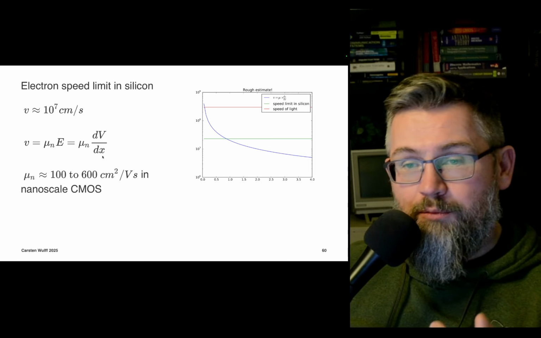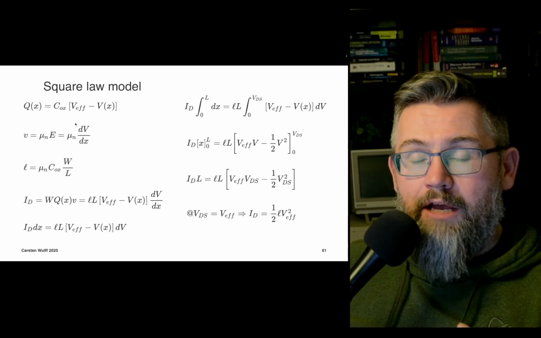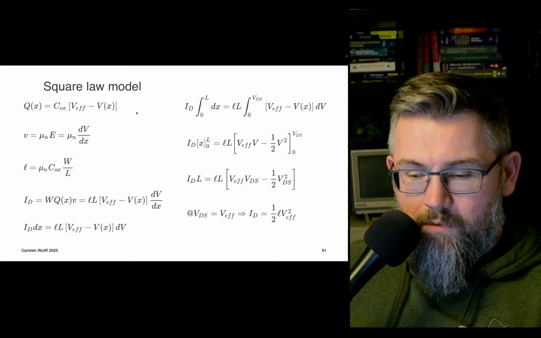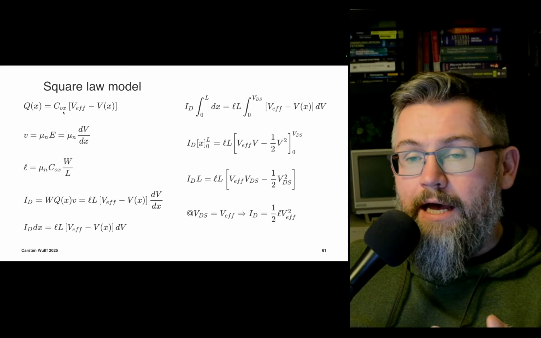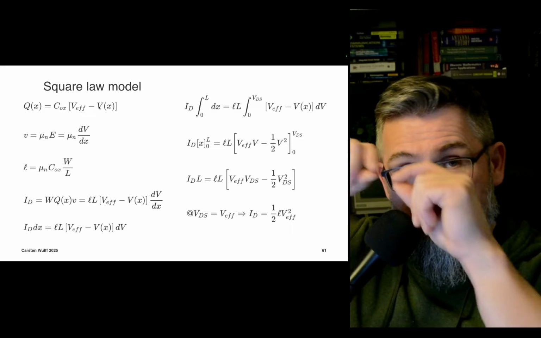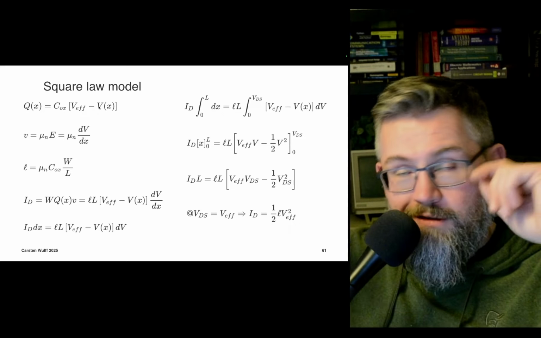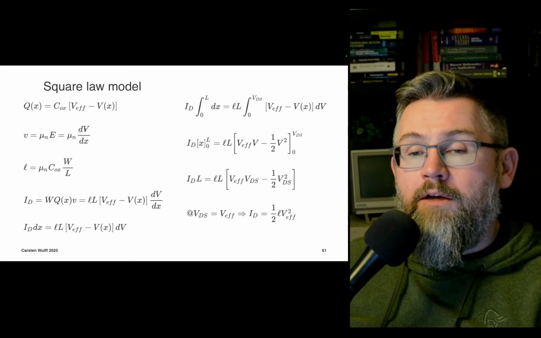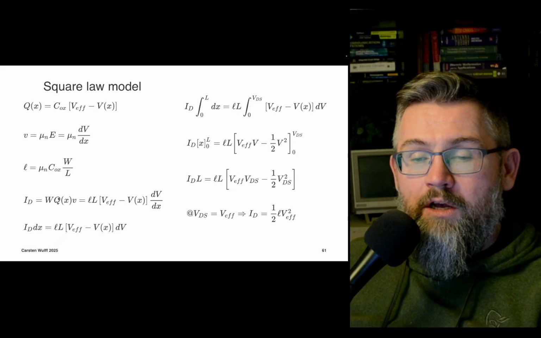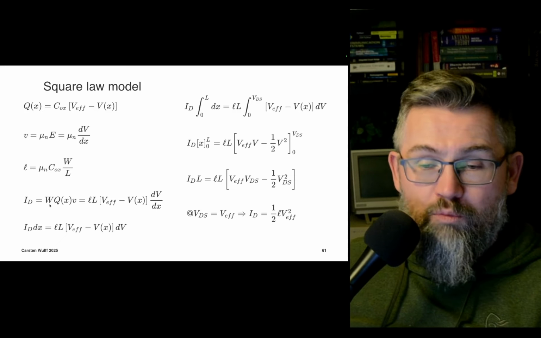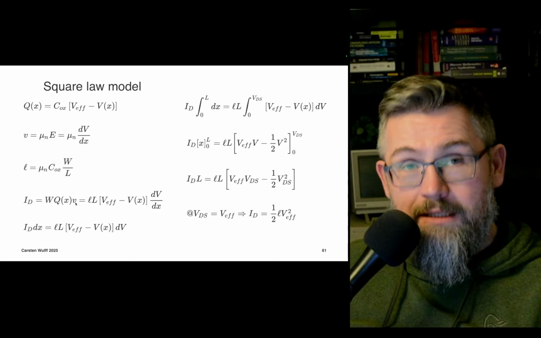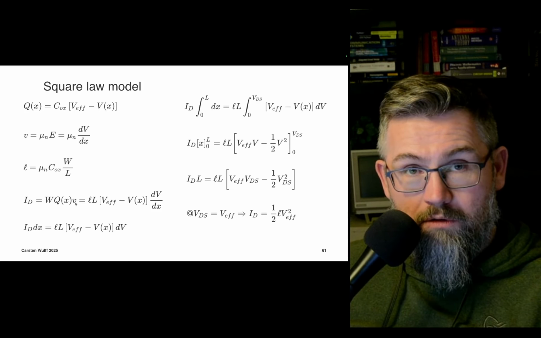And it's actually from this that we can look at the square law model. If we take the charge in the inversion layer as the oxide capacitance times the V effective minus the position in the x direction in the channel, then, and we have the speed, we have this L factor, then the current is actually just the width of the transistor times the charge times the speed of electrons, right?